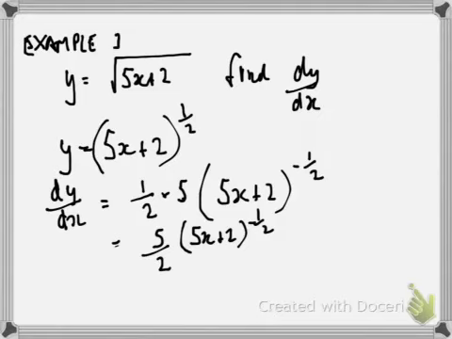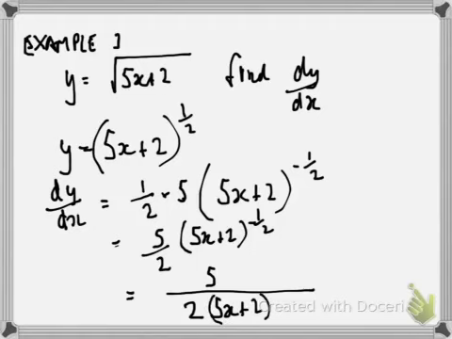I mentioned before that we shouldn't leave negative indices. So what I'm going to do now: the 5 is on top, and so is the (5x + 2) to the negative a half. It's in the numerator there. So I'm going to take it to the bottom, onto the denominator, and then it changes from negative a half to positive a half.